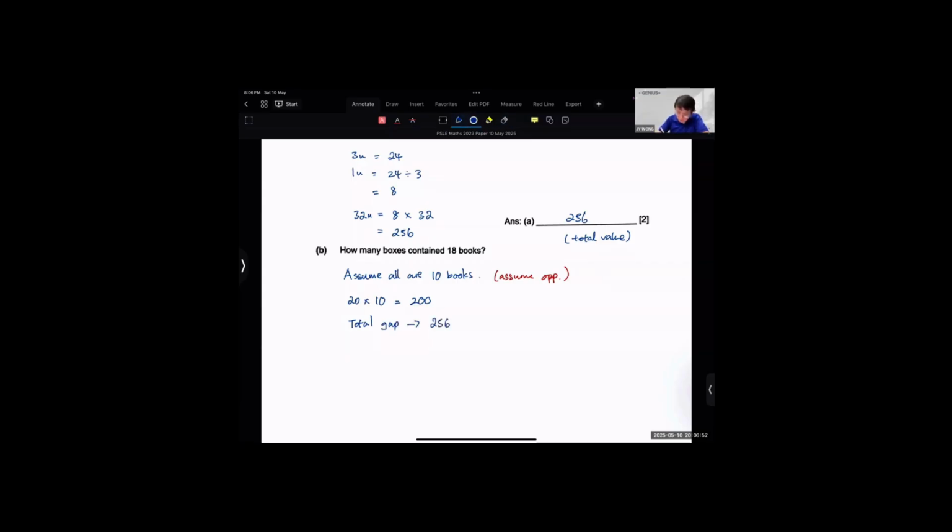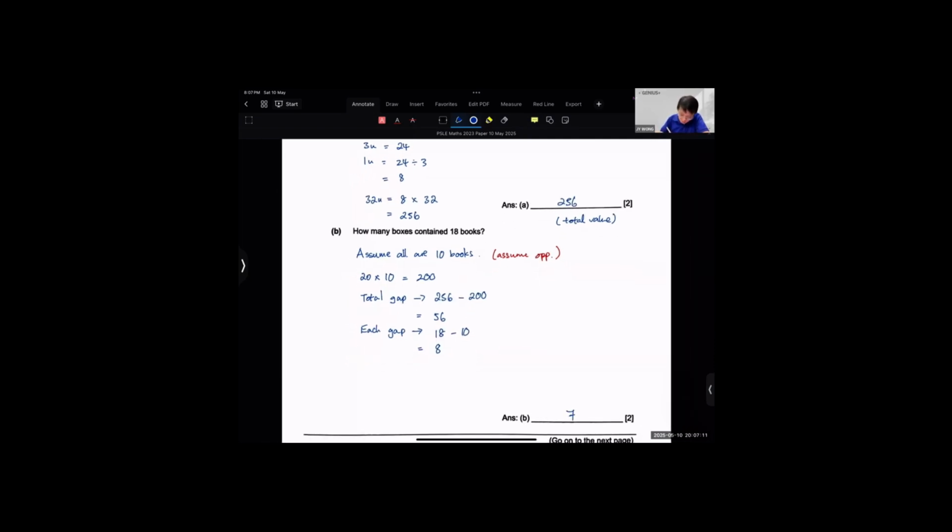Larger number minus smaller number. So each gap, which is your small gap, 18 minus 10 to give me 8. Then you divide.